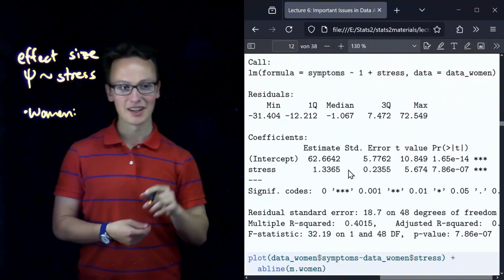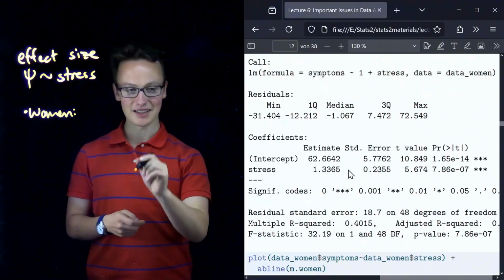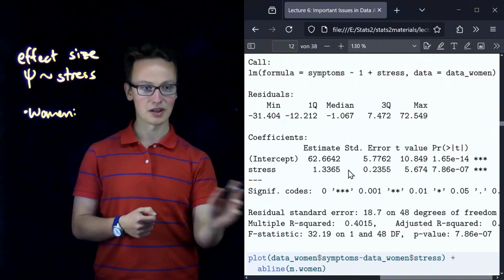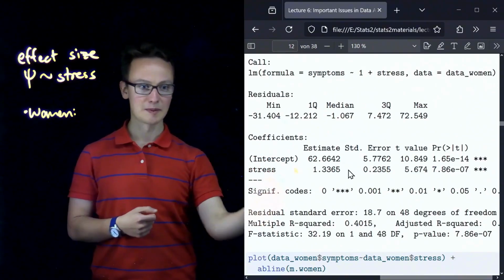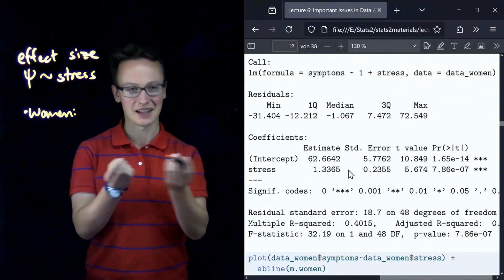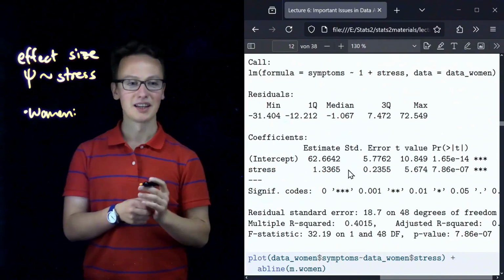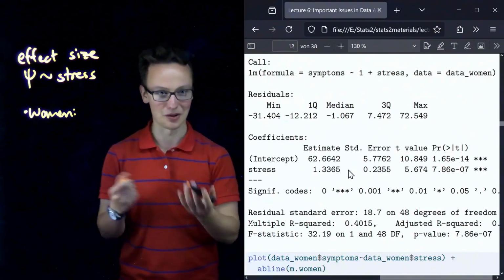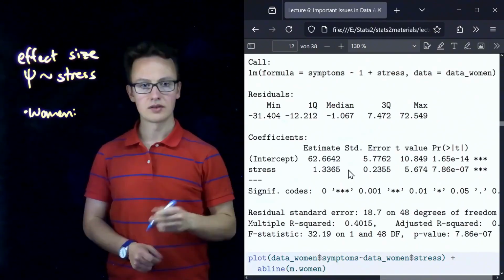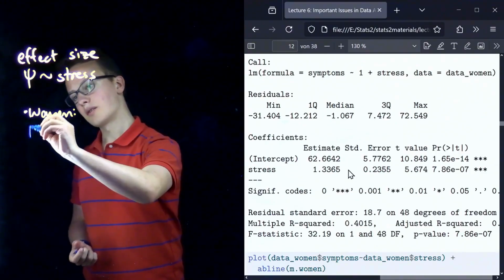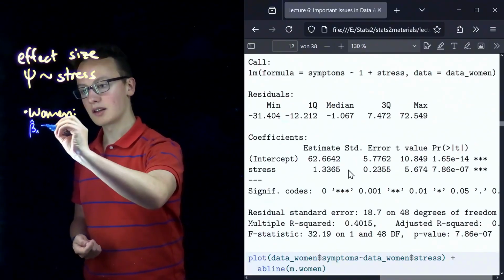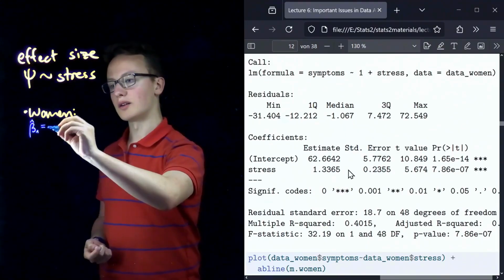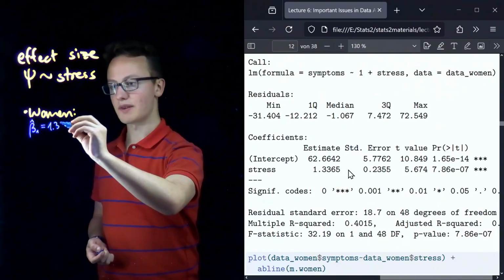So for each step on the scale of stress levels, you increase the value of the psychological symptoms by 1.33. Whatever these exact numbers mean, they are some scores from psychological questionnaires, I guess. So for women, we have the slope estimate, beta 1 hat, equal to 1.3365.